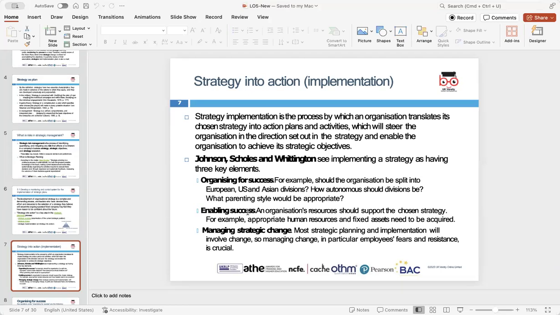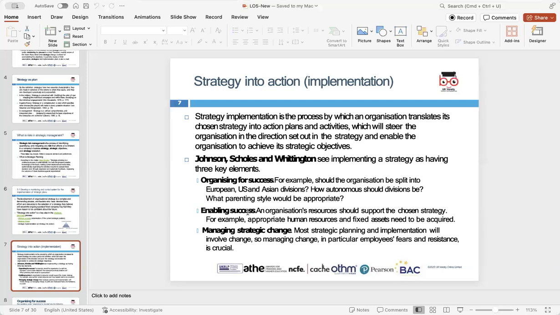Organizing for success involves deciding on the appropriate organizational structure. Should the company operate through regional divisions such as European, US, and Asian? How much autonomy should these divisions have?